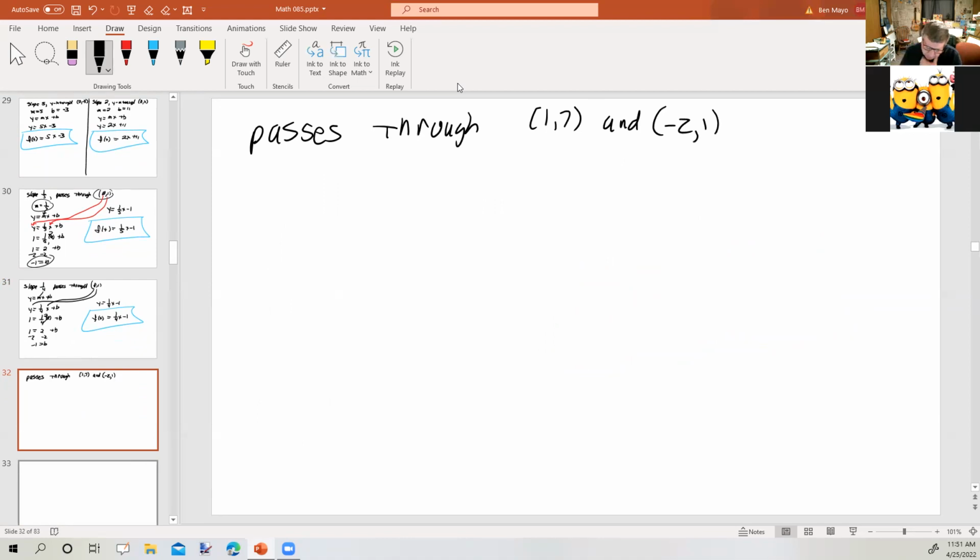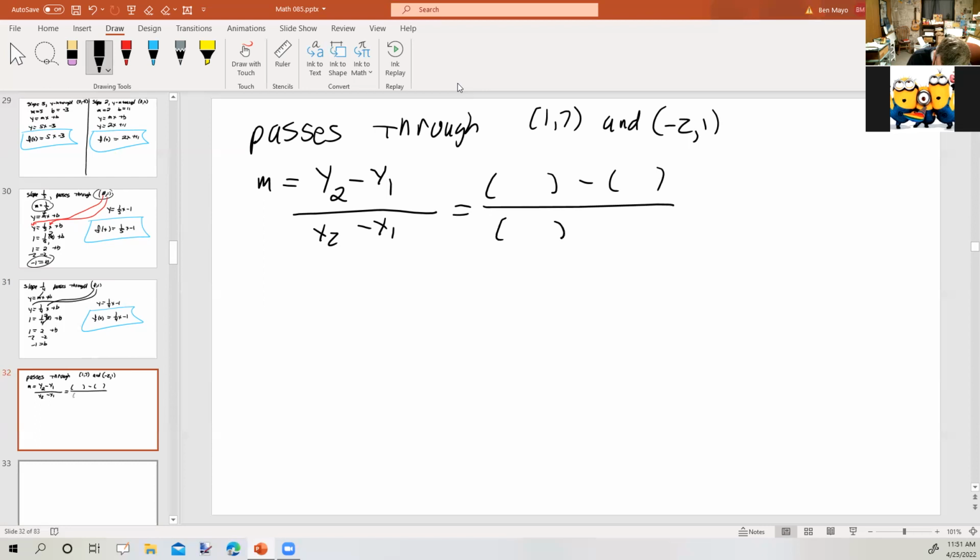Okay, well, we don't have the slope and we don't have the y-intercept, except that we could use the slope formula. I'm going to call this first point, point 1, and the second point, point 2.